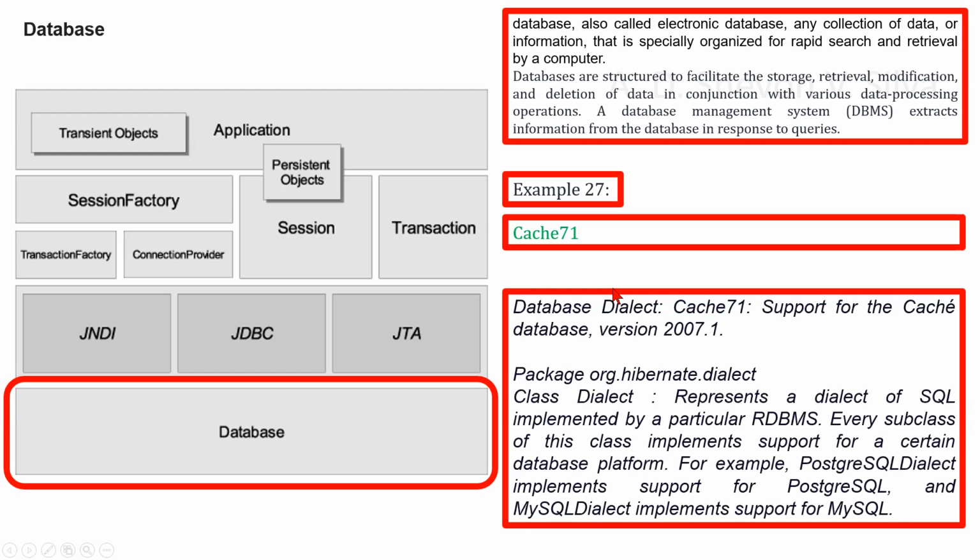Now we are considering database dialect. Here you can see Cache 71 support for the Caché database version 2007.1.